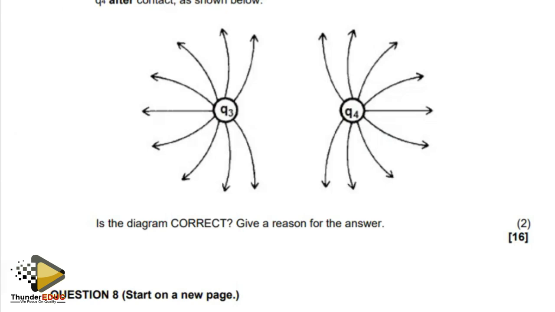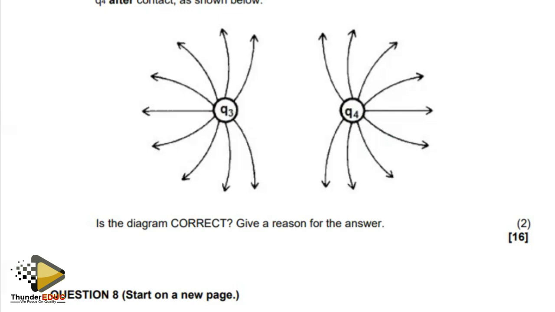Whenever this happens, after the separation, the two charges will have the same magnitude and the same sign, which means we expect some bit of repulsion afterwards. They are telling us that a learner draws the electric field pattern for Q3 and Q4 after contact. Is the diagram correct?